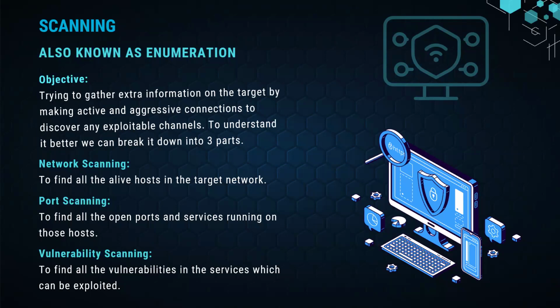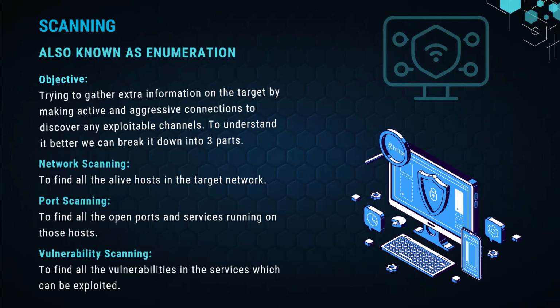Once you know what devices exist in the organization, then you have port scanning, figuring out on those devices what ports are open, what services are running, or what applications they are using in their network. Once you know what applications or services are running, finally you perform vulnerability scanning to figure out if any of those services or vulnerabilities can be attacked.